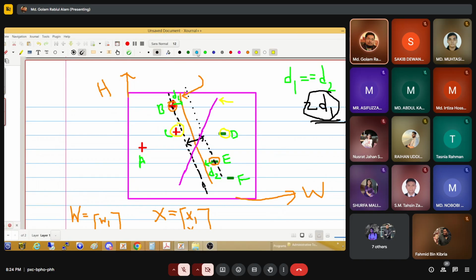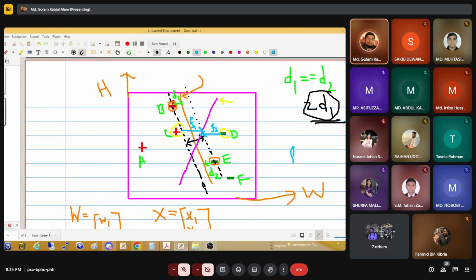So now we need to find the distance. From C to our hyperplane, the distance is F1, and from D to our hyperplane, the distance is F2.